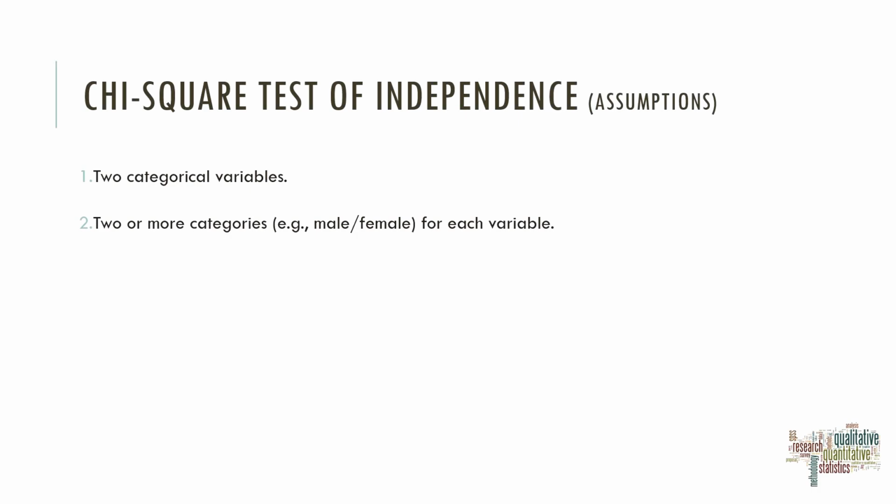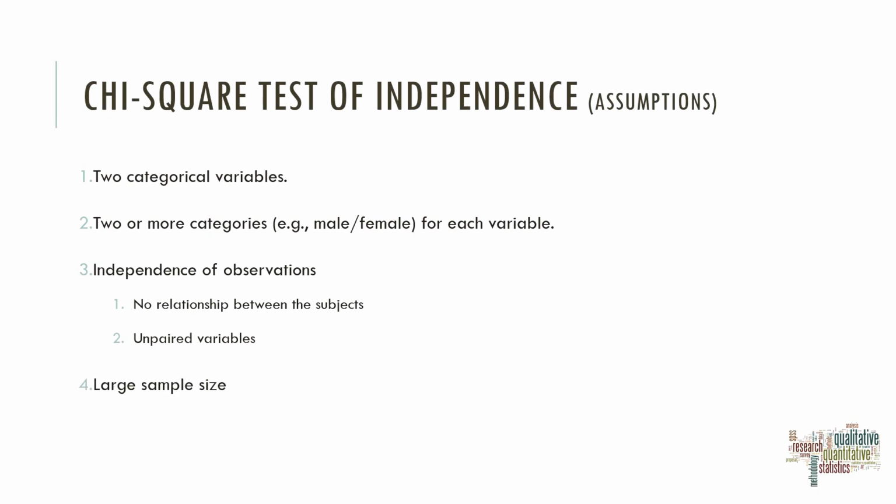And we expect that variables must be independent observations. We expect that there isn't any relationship between the subjects and the variables are not paired. Also, we expect a large sample size, at least 1 frequency for each cell, and at least 5 for the majority, 80% of the cells.